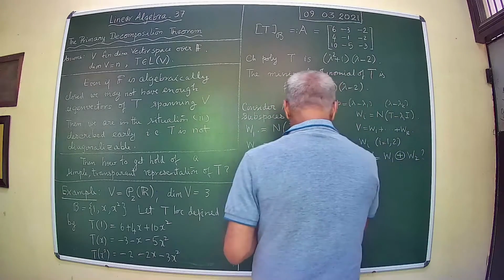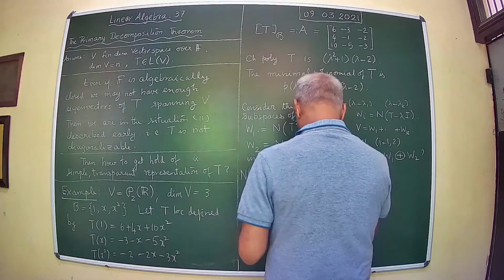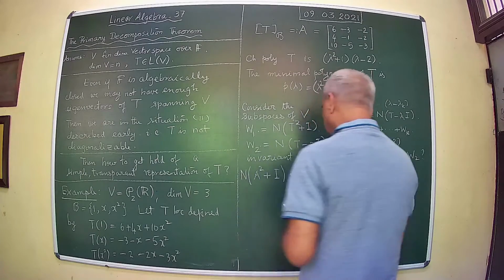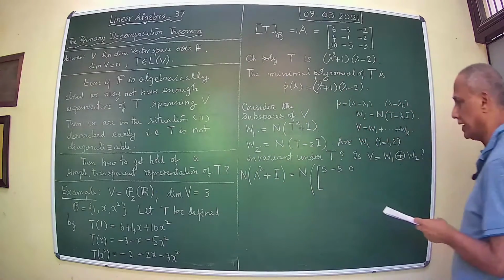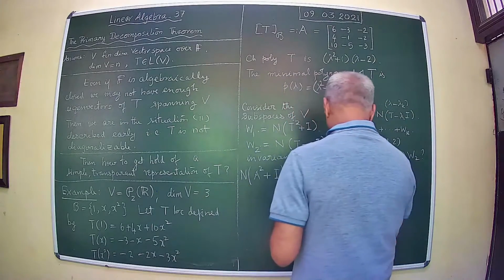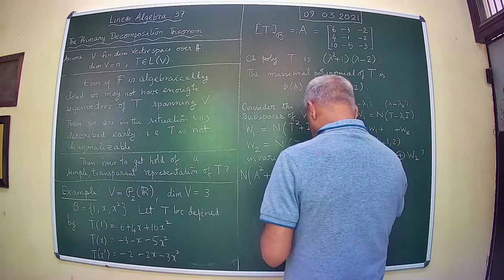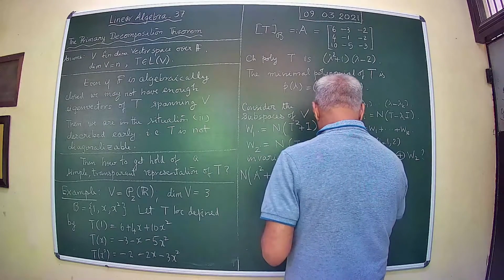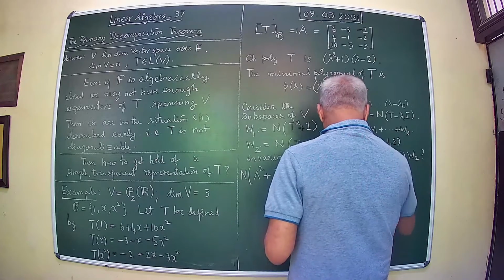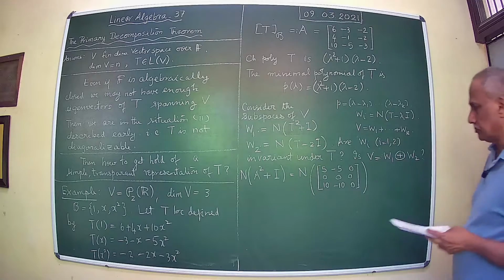The matrix is 5, minus 5, 0. It needs some work because you have to first compute A square and then add I2. I hope you do the computations. This is the null space.